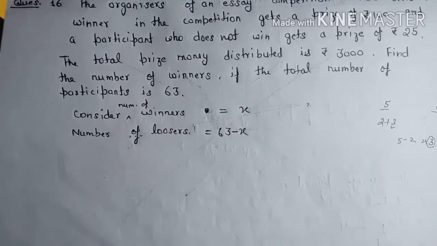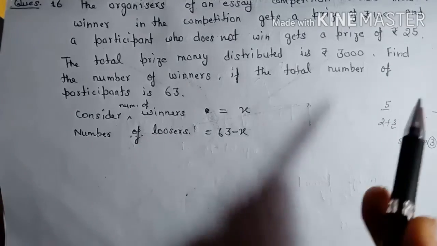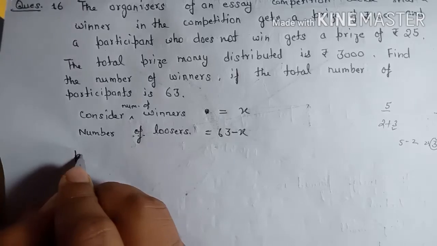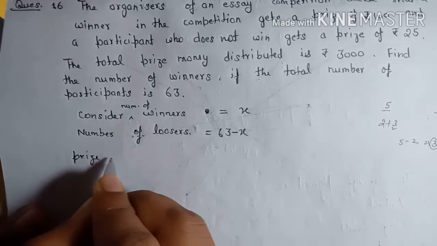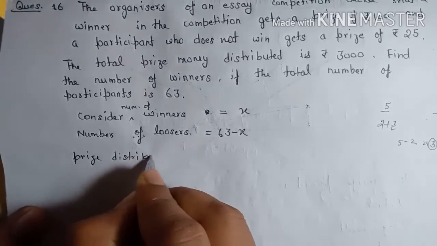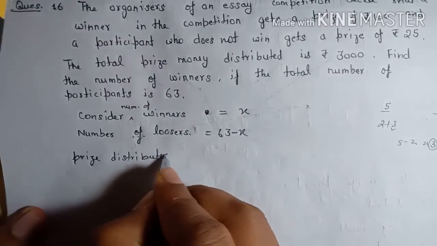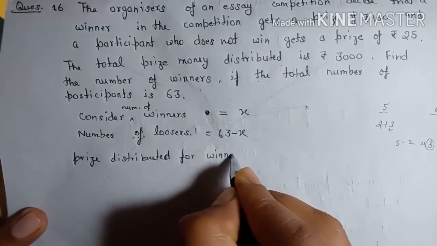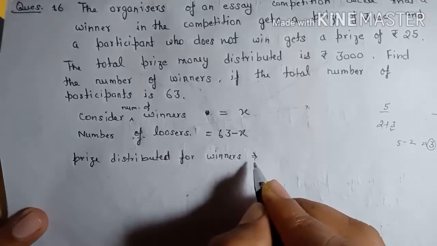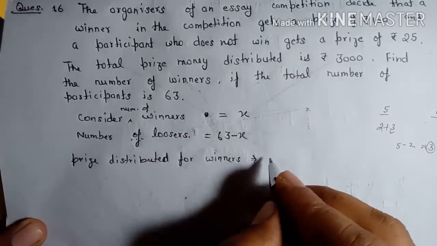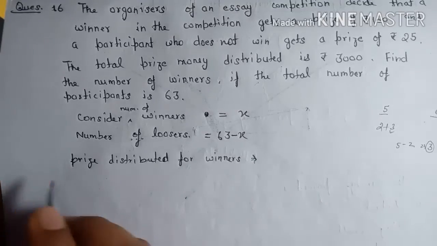So it is said that winners will get prize of rupees 100. So prize distributed for winners is rupees 100 for each winner. It means you have to multiply, because total price we are counting here.